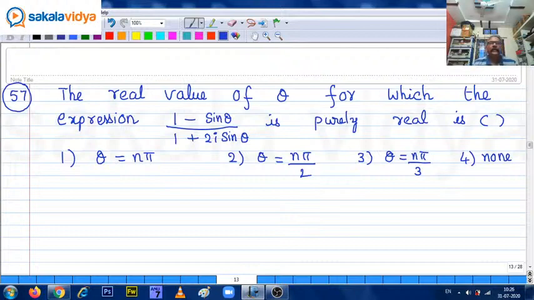The real value of theta for which the expression (1 minus sin theta) by (1 plus 2i sin theta) is purely real.